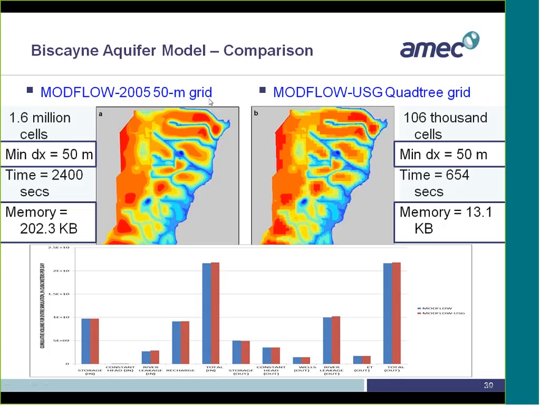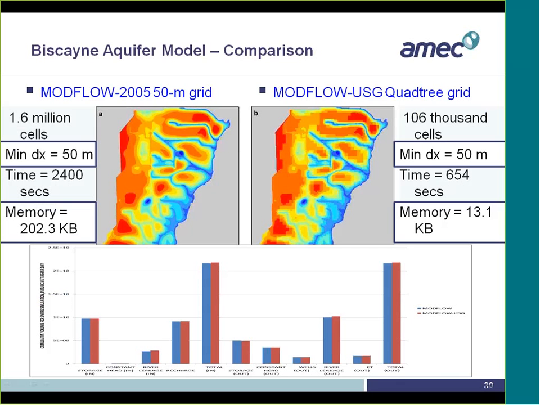The MODFLOW 2005 model existed, and when we generated the USG model, we used the MODFLOW 2005 model for comparison. So it had 1.6 million cells as opposed to 106,000 cells. The minimum cell sizes of both were the same, and this runs around 3 times faster than this.